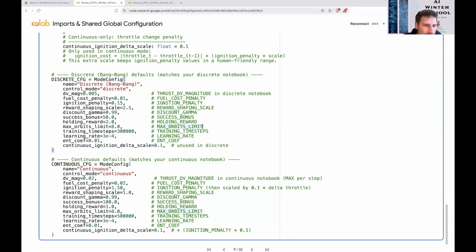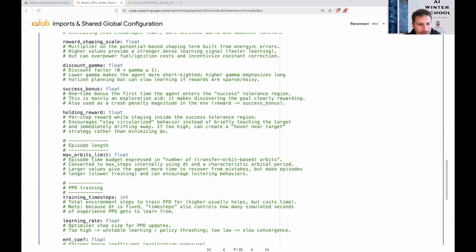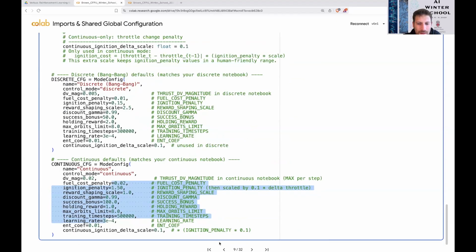You just change the control mode, you can name them, and there's a bunch of values that I provided for the parameters here. If we wanted to define another one, we could just copy and paste this and then choose new parameter values.